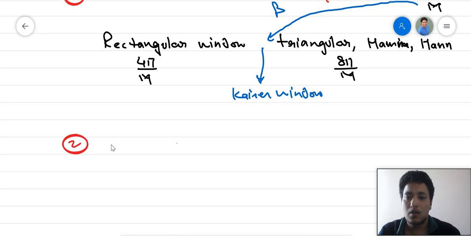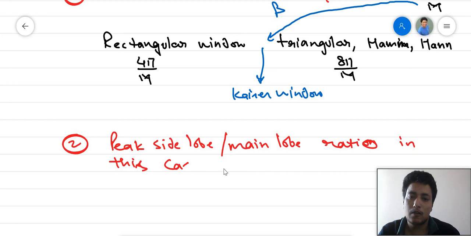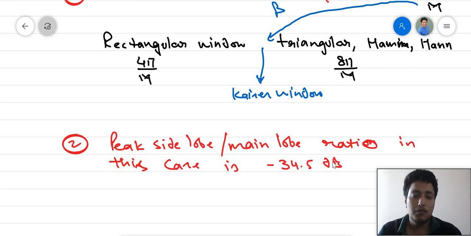The second point is the peak side lobe over main lobe ratio, which in this case is minus 34.5 dB, which is superior to the rectangular window, the triangular window, and also the Hanning window.